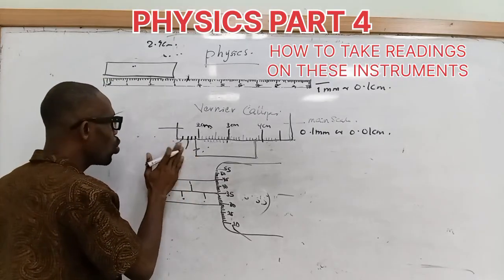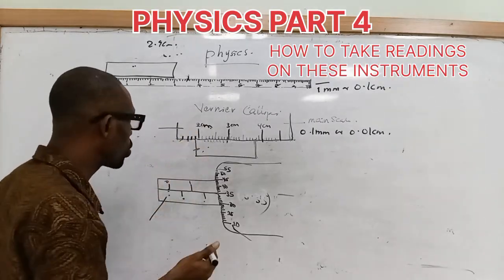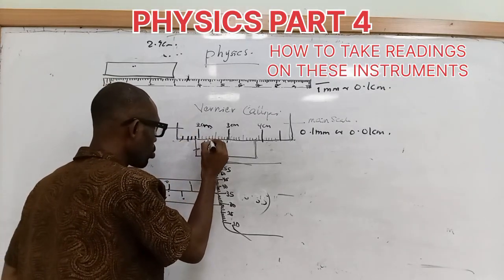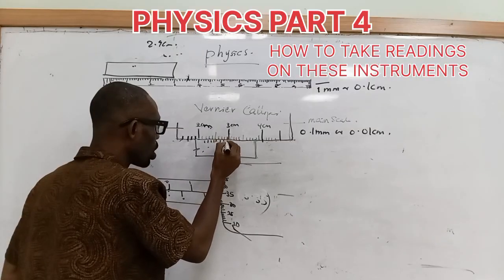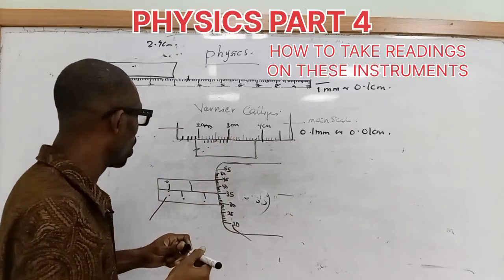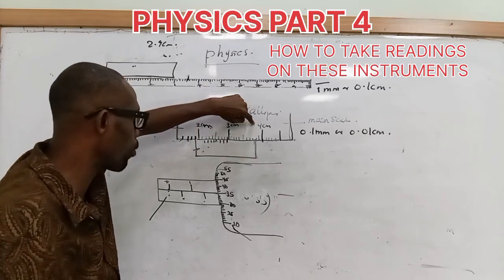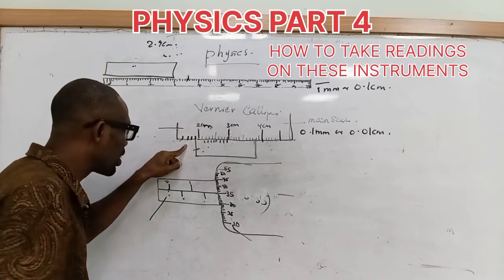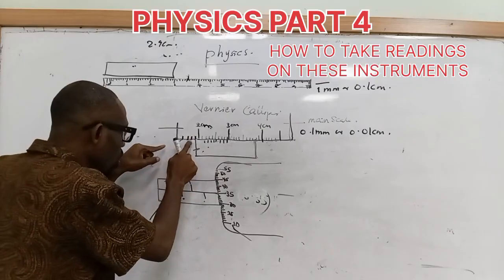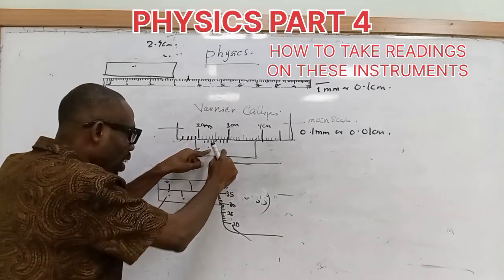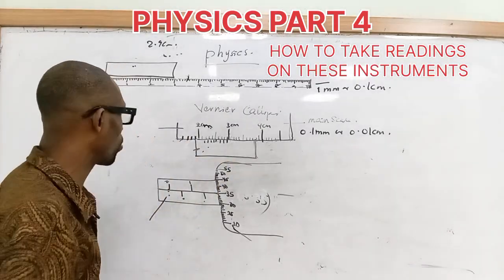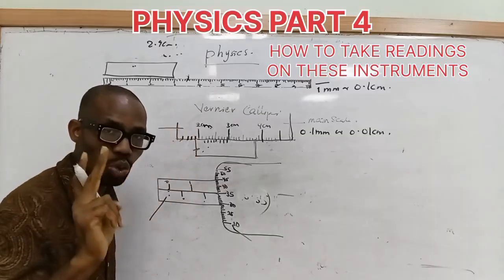Now if you look at this question, they gave us that from this place we have 2 centimeter, 3 centimeter, and 4 centimeter. Therefore, since this vernier caliper is touching this place, that's the vernier scale. Before I move on, I want to explain something to you. The vernier caliper has 2 scales.